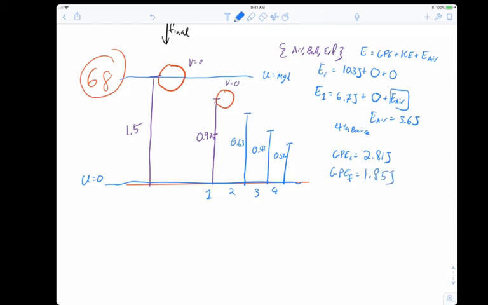And so the change in the air is going to be the difference between these. 2.81 minus 1.85. 0.96 joules.